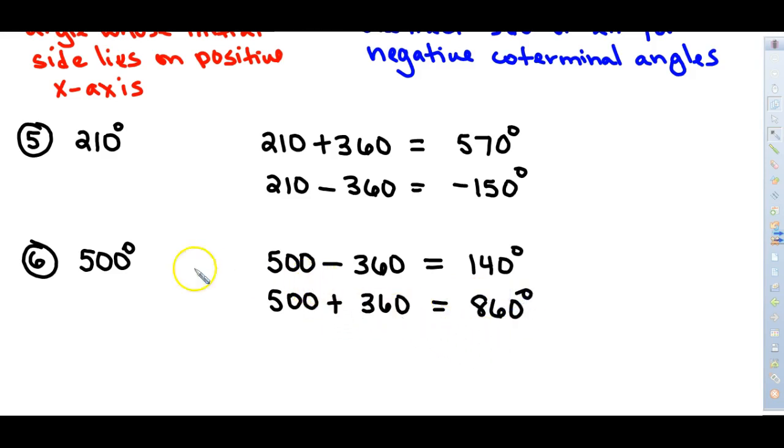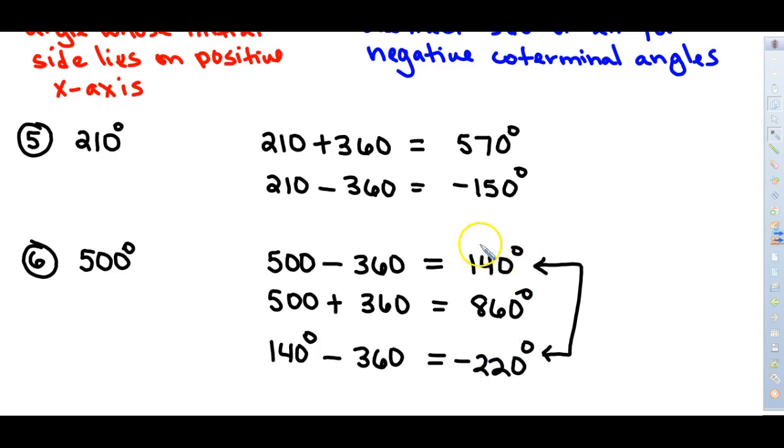Okay, so that's why if this angle is bigger than 360, then I like to just subtract 360, get a positive coterminal angle, and then take my positive coterminal angle, 140, and subtract 360 degrees again. And then I know that that is going to give me a negative coterminal angle. So if I subtract 360 again, what is that going to give me right there? About negative 220.